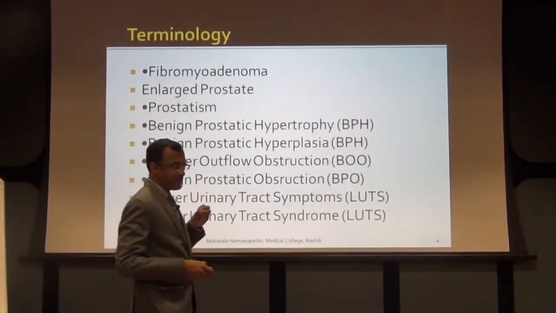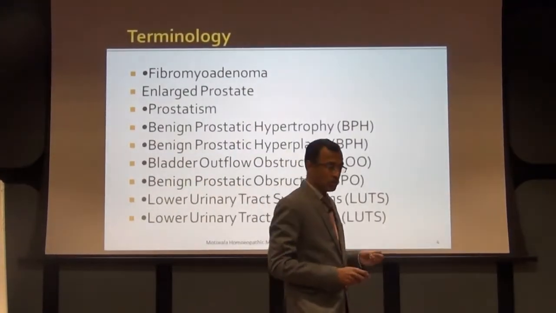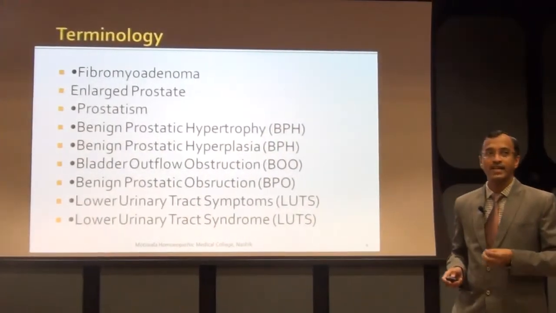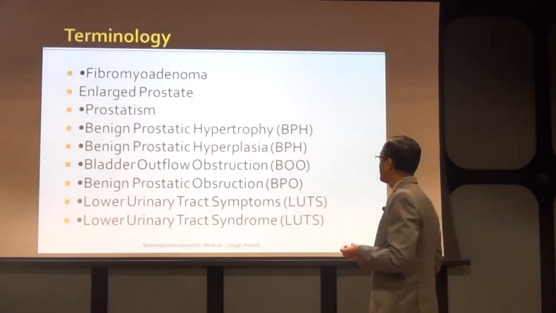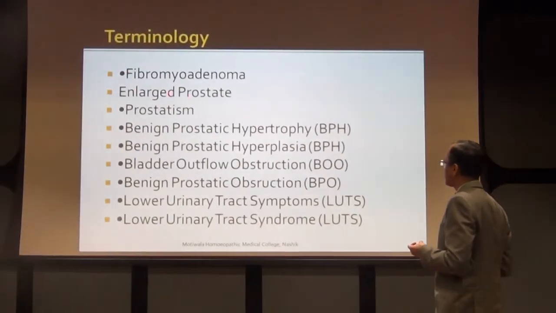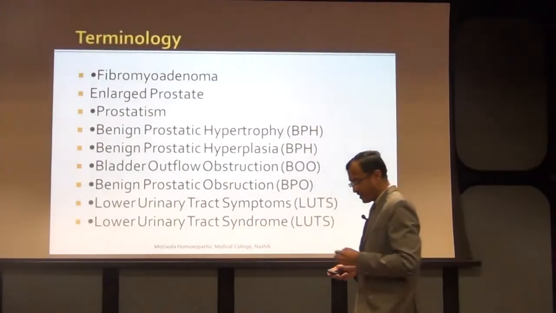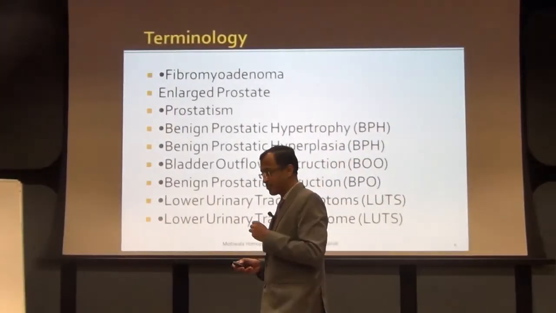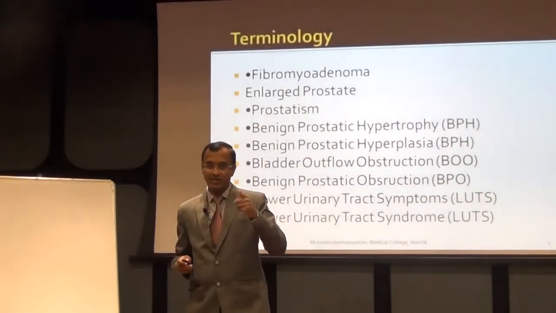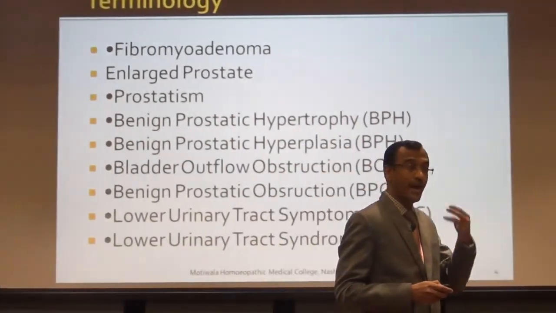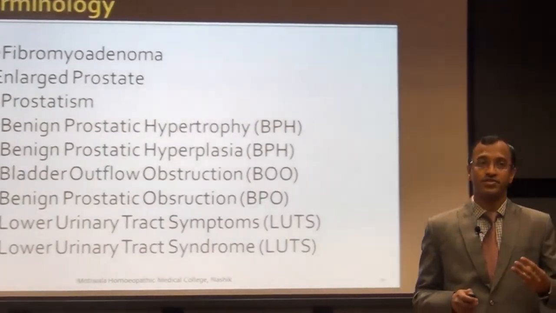Now, there are various terminologies used to indicate BPH. One is benign prostatic hypertrophy. Another very commonly used terminology is fibromyoadenoma. The word itself talks about three things, students: fibro, related to fibrous tissue, myo, related to muscular tissue, and adeno, related to glandular tissue.